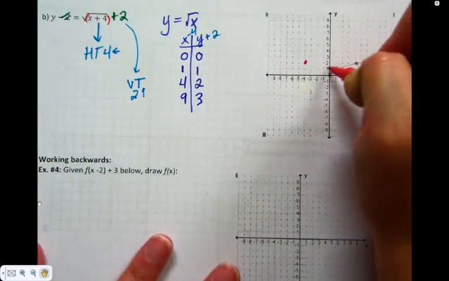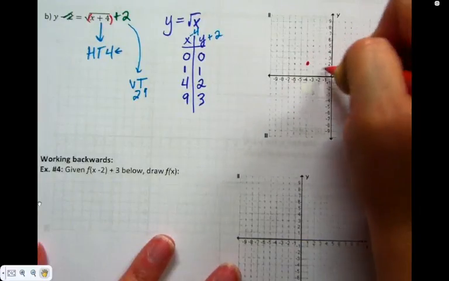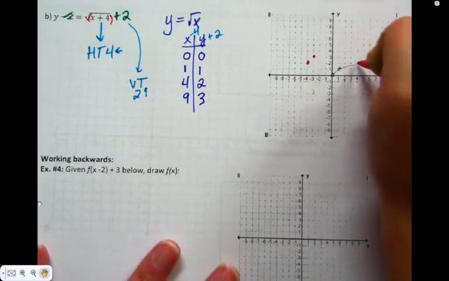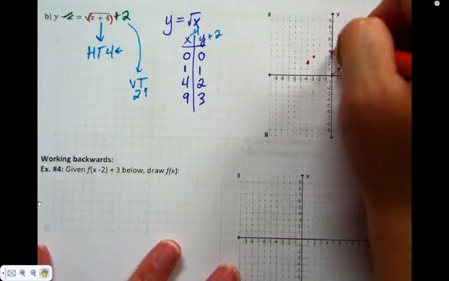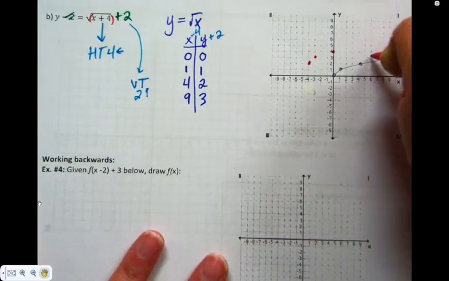The next point, 1, 2, 3, 4, 1, 2. And the next point, 1, 2, 3, 4, 1, 2. And the last point, 1, 2, 3, 4, 1, 2.